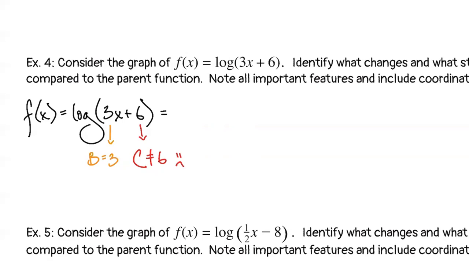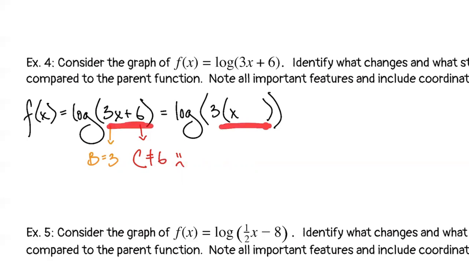So when I ask, like, show me your thinking, this next step would be really important. And the next step is this. We're going to factor out a B. 3 times x plus what gives us 3x plus 6.